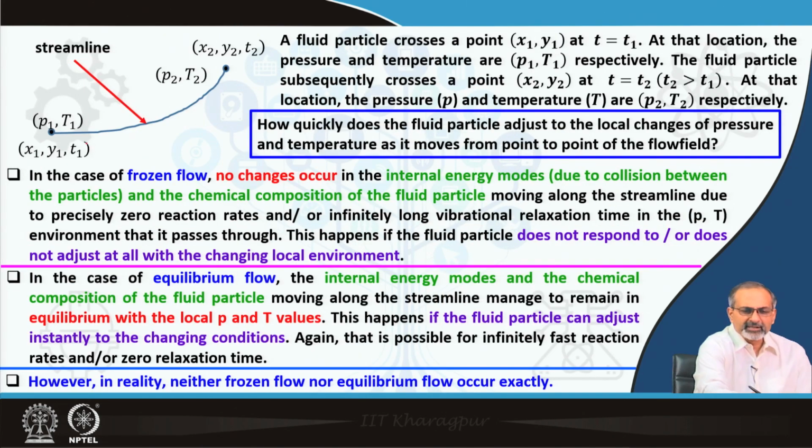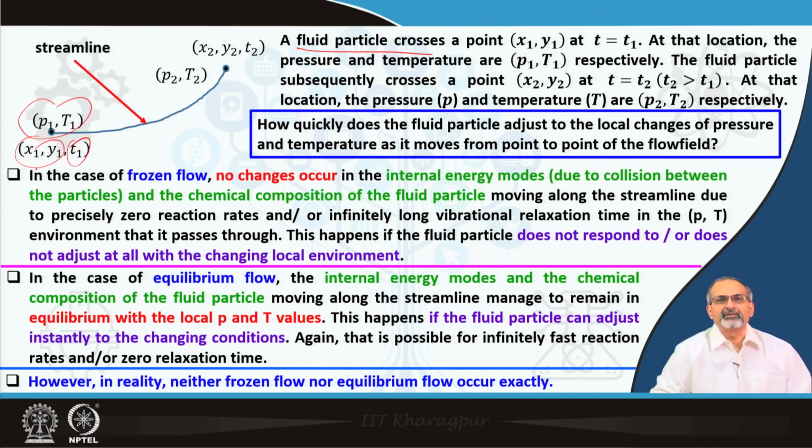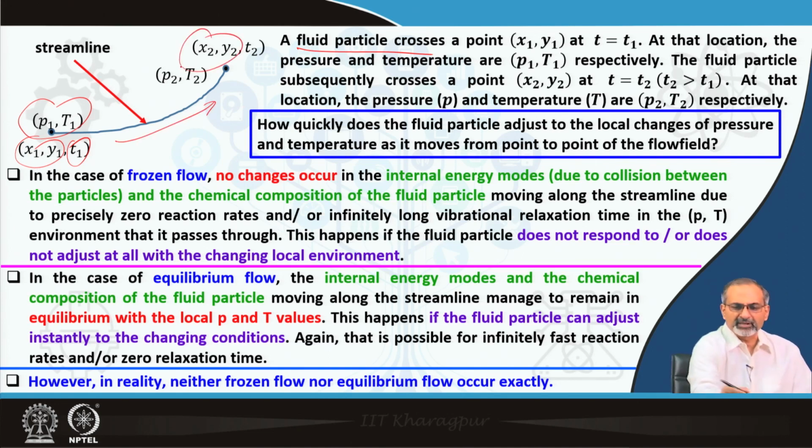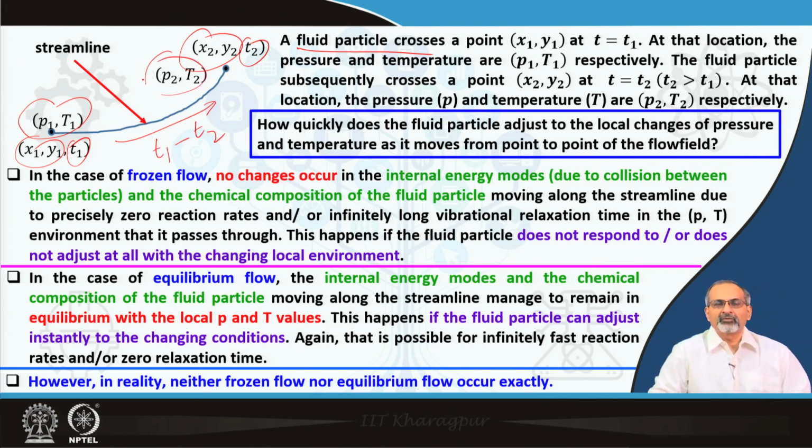So, if we are noticing such a fluid particle or an element crossing a point x1, y1 at time t1, locally at that point the pressure and temperature are given by P1 and T1, and it takes some time for the fluid particle to move to another location in the flow field, which is given by x2, y2, and it happens from time t1 to time t2 that it relocates itself, and then it finds itself in a different thermodynamic environment where the pressure and temperature are respectively P2 and T2.